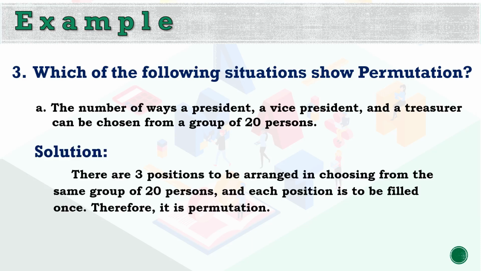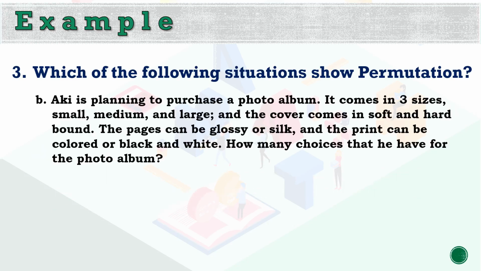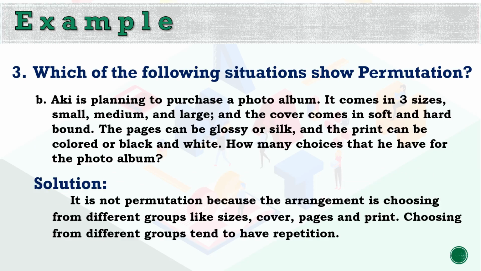Solution. There are 3 positions to be arranged in choosing from the same group of 20 persons, and each position is to be filled once. Therefore, it is permutation. Letter B. Solution.